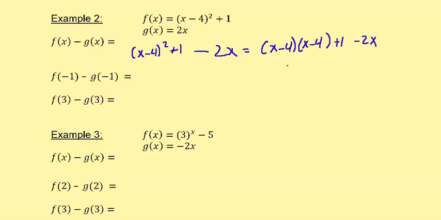When we box and FOIL those out, we'll get x squared minus 8x plus 16, and then plus 1 minus 2x. And then when you simplify that, you should get x squared minus 10x plus 17.